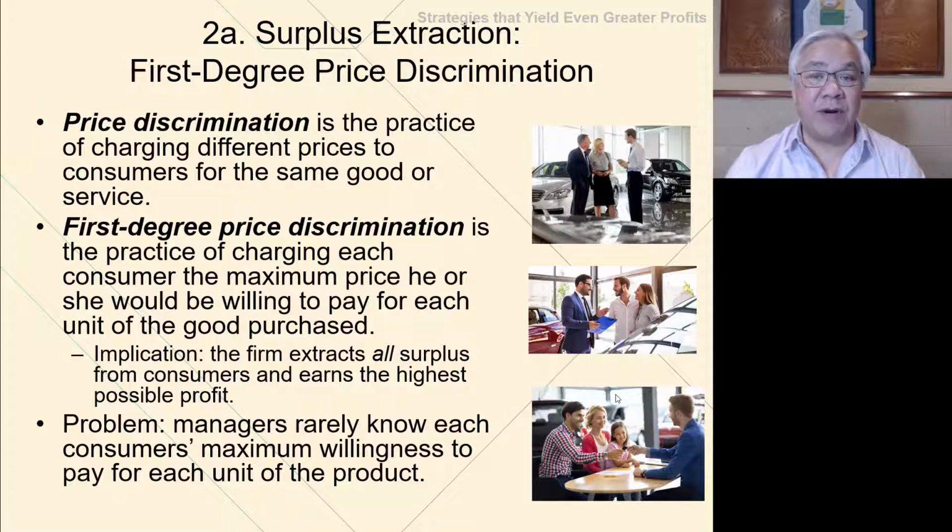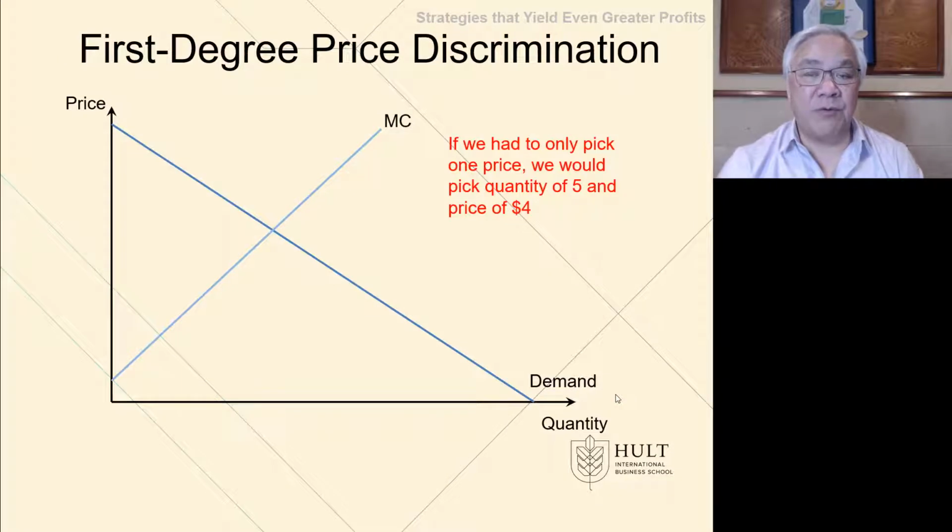Since it's not one price to all consumers, each consumer pays his or her own price. The problem is we rarely know this, and it's quite difficult to determine this for each person. But this can be done to some extent. And if you've ever bought a car, you know pretty much that if they sold 10 cars, they might be at 10 different prices.